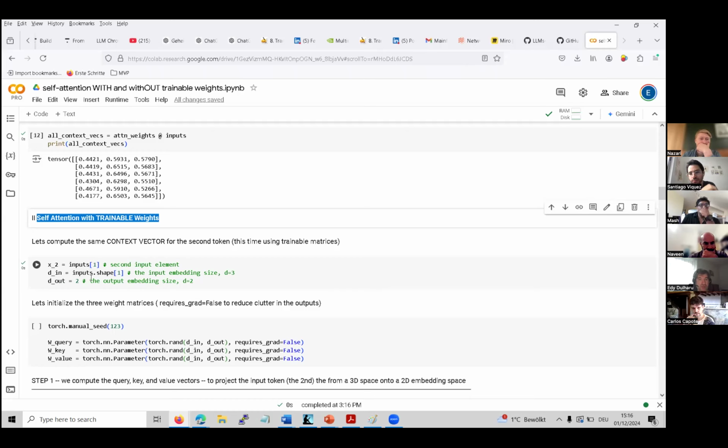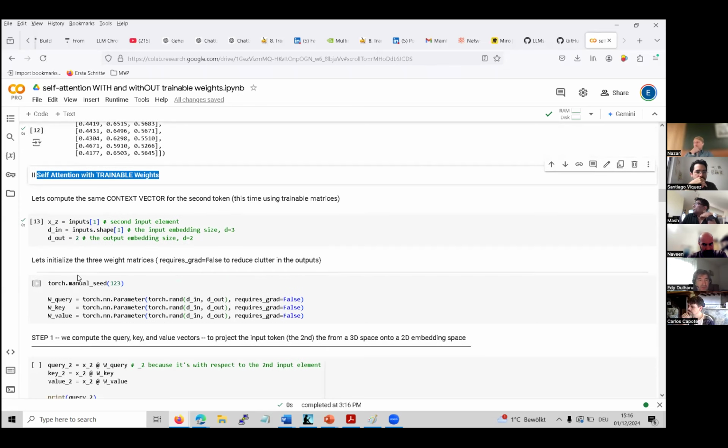The author, Sebastian, says that normally these dimensions are the same for the input embedding and output embedding. He just wants to show how an input can be projected into a 2-dimensional embedding matrix.